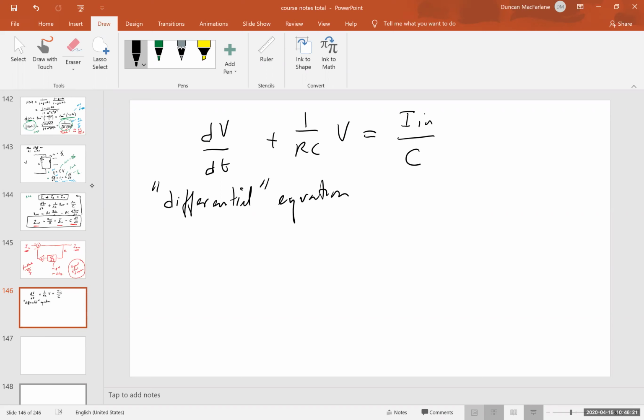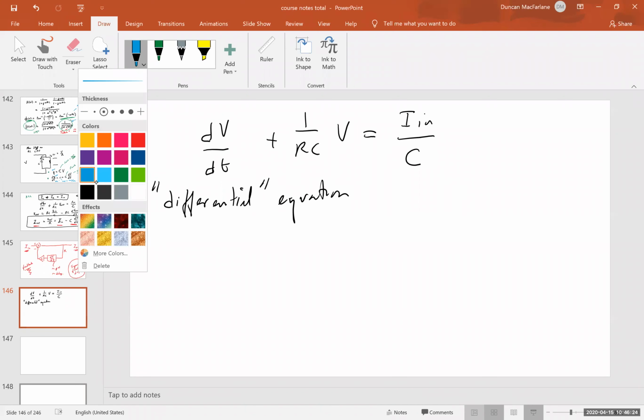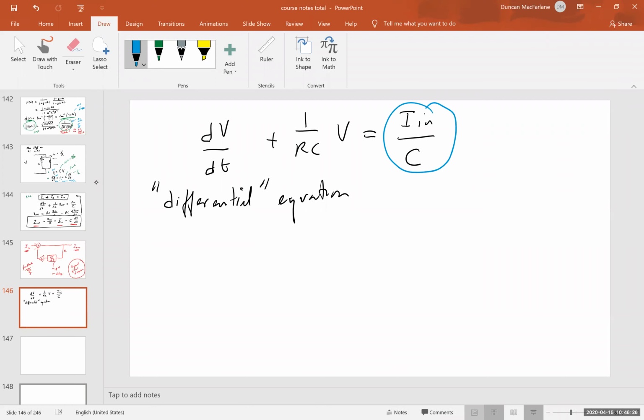Now, this term here is the forcing term. And so the first thing you do when you solve differential equations is you get rid of the forcing term.